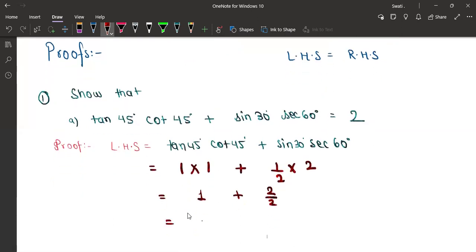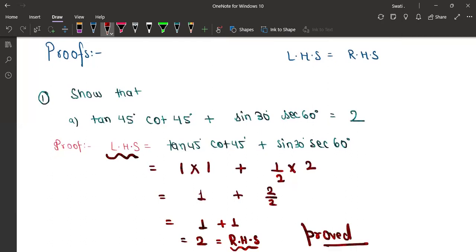So what is the answer? 1 plus 1 equals 2, which is nothing but your RHS, right? So have you not proved LHS is equal to RHS? So at the end, write down hence proved. Understood this? Yes. Okay.